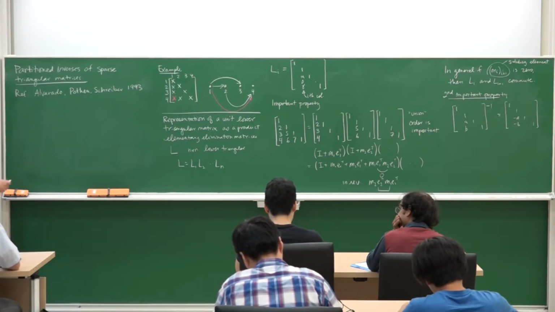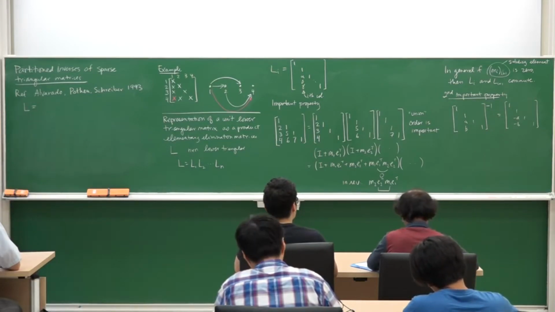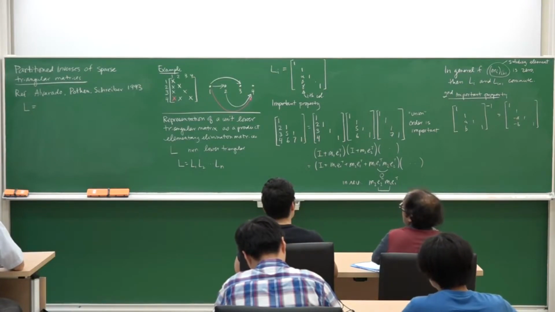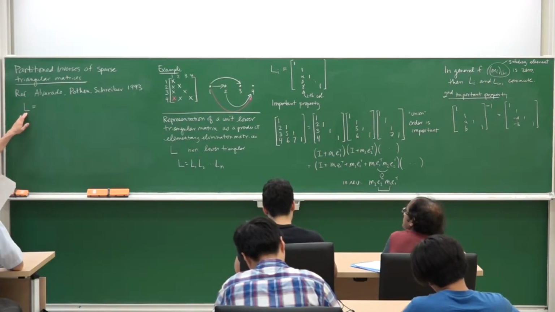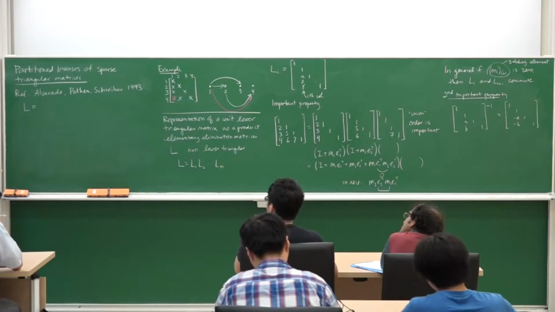Okay? So again, we are taking our matrix L that we want to solve with. And we're going to try to represent the matrix L as a product of sparse factors. And if we can, represent the inverse of L as a product of sparse factors. And if we can do that, then instead of solving with L, we just need to multiply with these sparse factors. You'll see this in a moment.